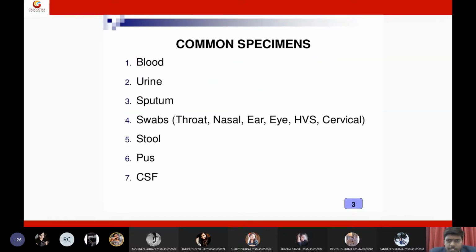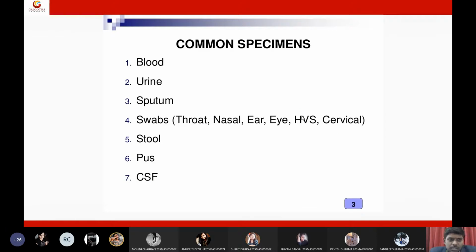So common specimens that we can collect, including for viral diagnosis, are blood, urine, sputum, swabs, stools, pus, and CSF. Swabs including throat, nasal, ear, eye, HVS, and cervical. HVS sample.